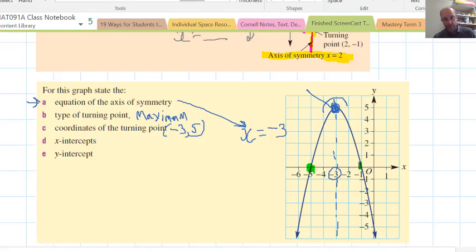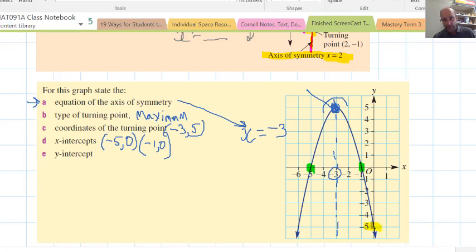X-intercepts: it has 2. The x-intercepts are the points where it cuts the x-axis. Those are 2 points: -5, 0 and -1, 0. You can see there in the green. The y-intercept: there's only ever one y-intercept, and we can see it down the bottom there.